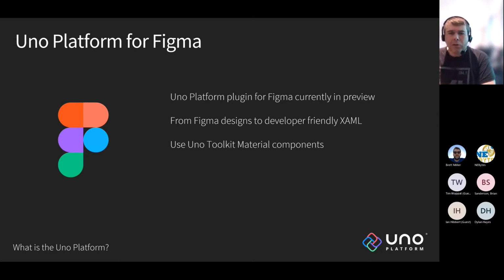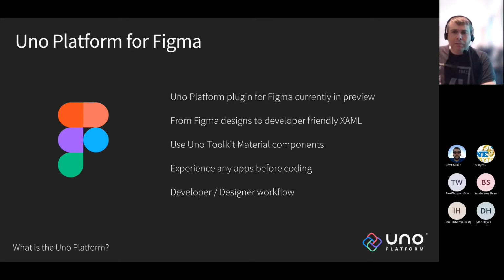And you can use the Uno toolkit material components that allow you to design your application, and you can easily modify them so you can change different color schemes to fit with your corporate branding, things like that. And you can experience your application before you even start coding, and you can even use mock data to see how that would behave. Developers still retain control over their code, but designers can also agree and maintain any designs to keep things in check, so you get a good developer-designer workflow.